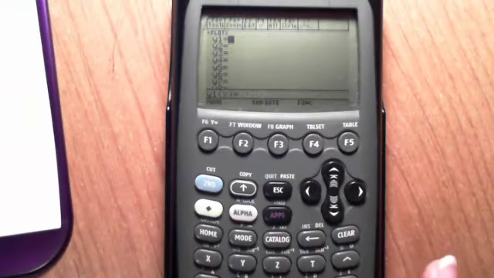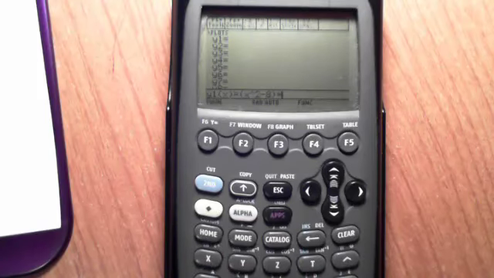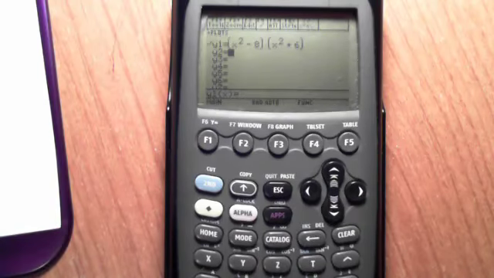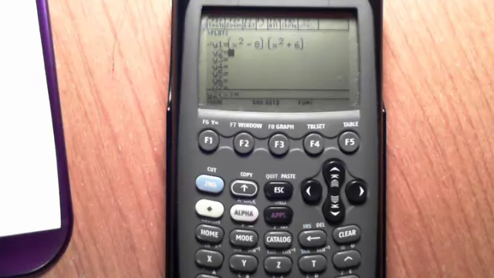I'm going to start by going to my y equals. And I'm going to put my original function in y equals, which is x squared minus 8 times x squared plus 6. The reason I'm putting my original function in there is because I want to be able to evaluate that function at my a value and my b value without having to plug stuff in by hand.